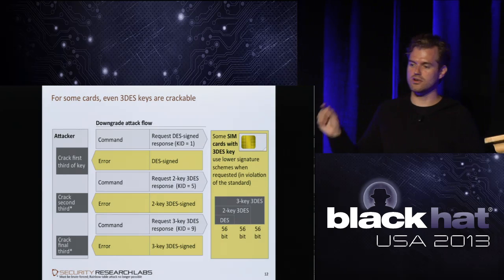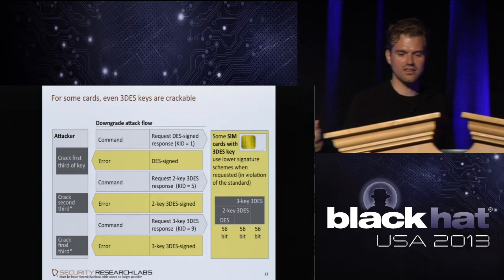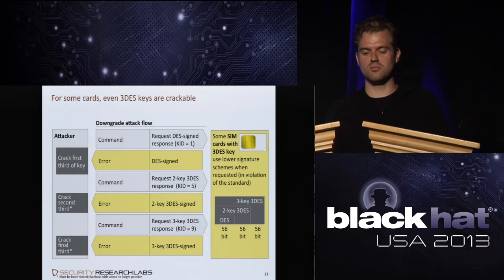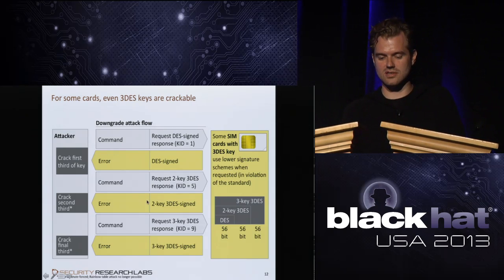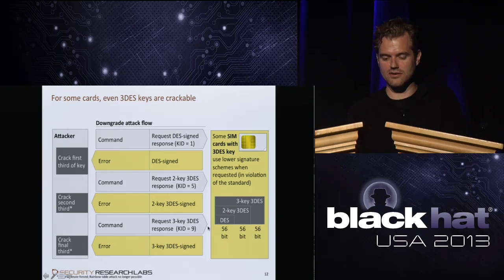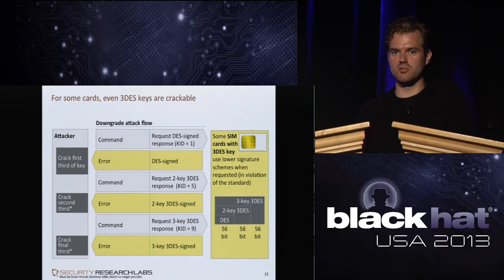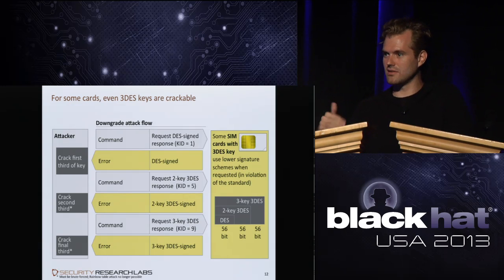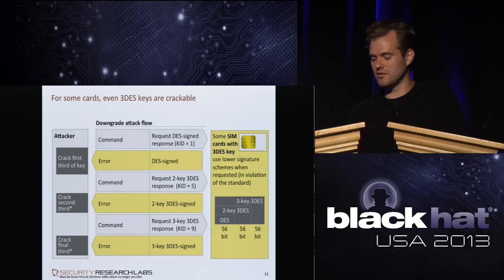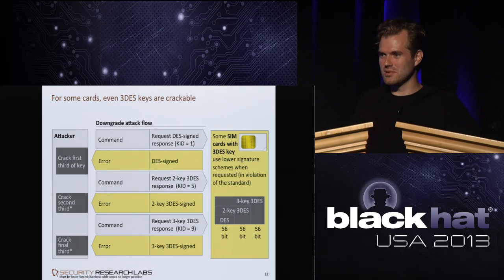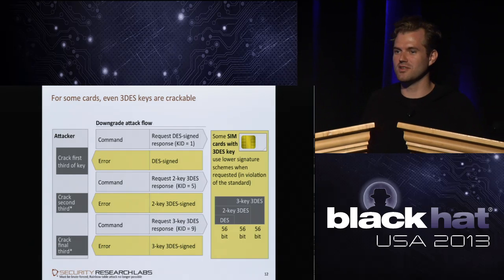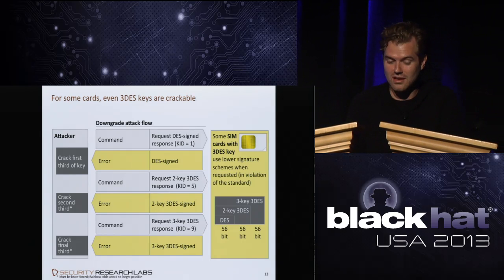Now, you know the first half of a 2-key triple DES key. You send another command. It signs it with the whole 112-bit entropy key, of which you already know half. So this simplifies into a problem of, again, breaking 56 bits, the same problem that you already solved before. This time, unfortunately, no rainbow table use is possible, so it's a little bit more effort, brute forcing.